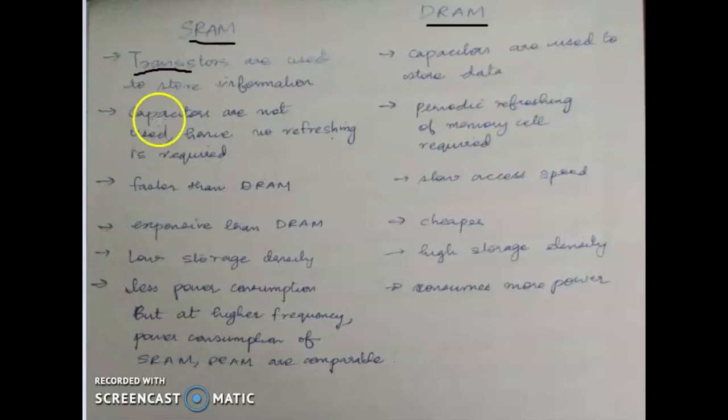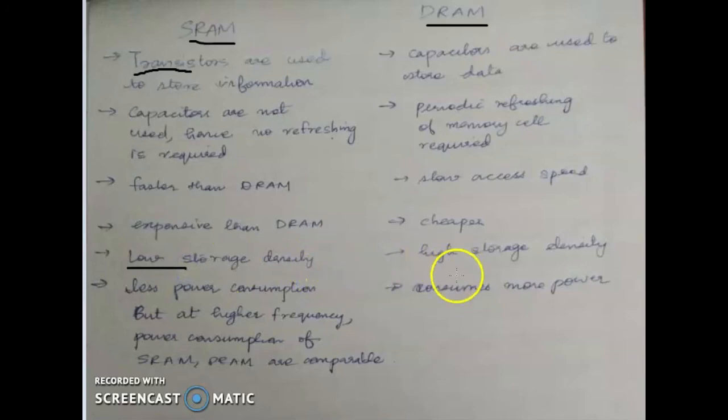Next, SRAM is faster than DRAM, whereas DRAM has slow access speed. SRAM is expensive, and DRAM is cheaper. If you look at the size of the SRAM memory cell, it is large compared to DRAM because of many transistors, and as a result it has low storage density.